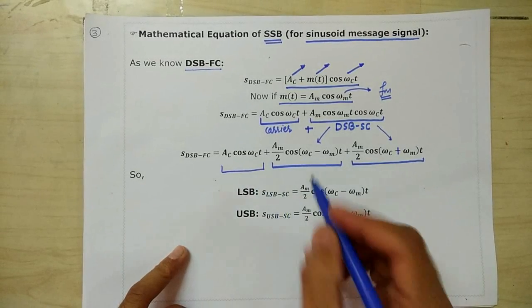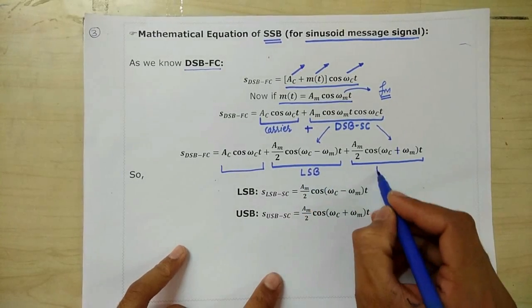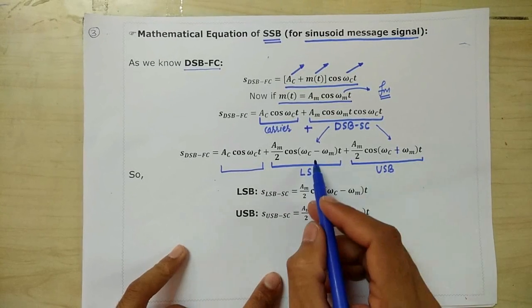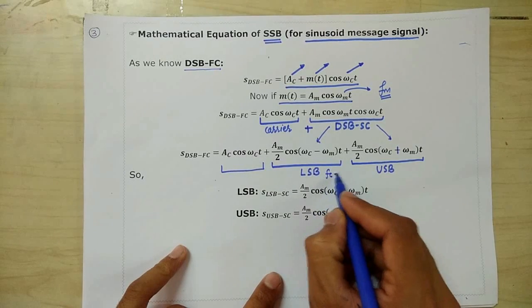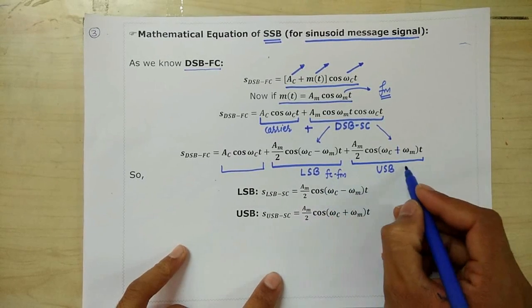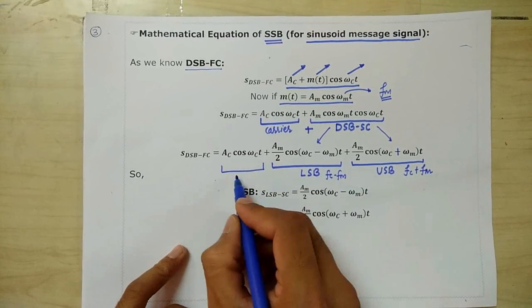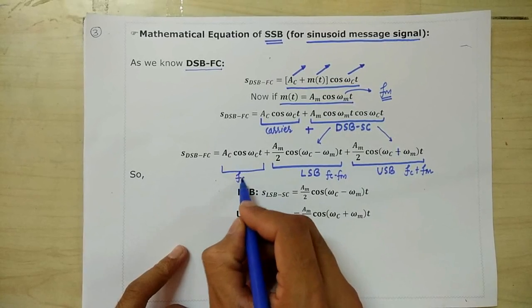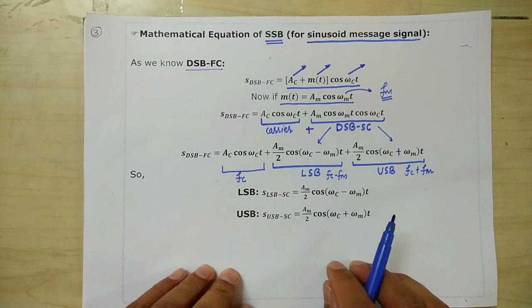So if you see, this is my lower sideband and this is my upper sideband, since this is present at Fc minus Fm and this is present at Fc plus Fm. So this is the LSB, present at Fc minus Fm, and this is the USB, present at Fc plus Fm, and one carrier term which is going to be present at Fc, which is an impulse in the frequency domain.